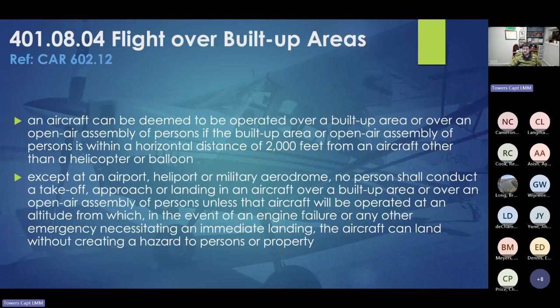Except in an airport, heliport, or military aerodrome, no person shall conduct a takeoff, approach, or landing in an aircraft over a built-up area or over an open-air assembly of persons unless that aircraft will be operated at an altitude from which, in the event of an engine failure or any other emergency necessitating an immediate landing, the aircraft can land without creating a hazard to persons or property. So again, kind of common sense.